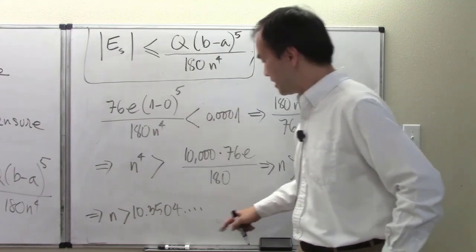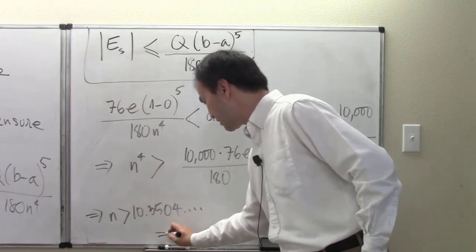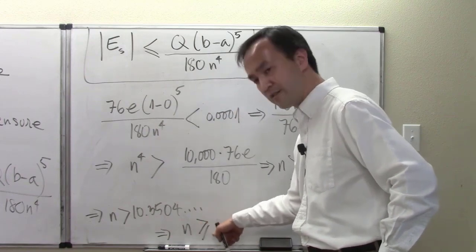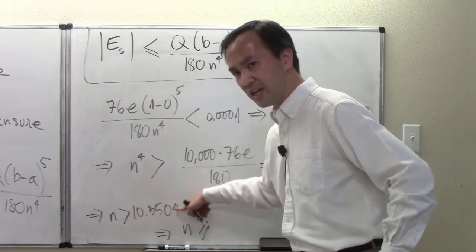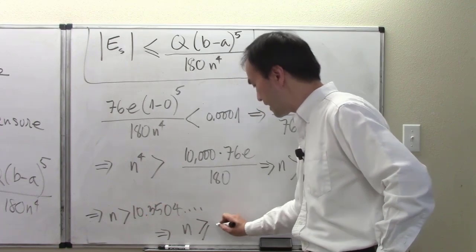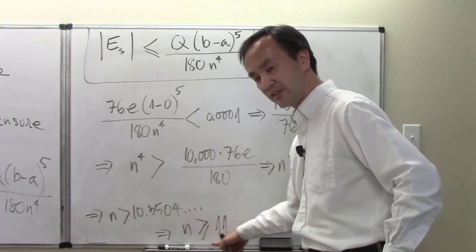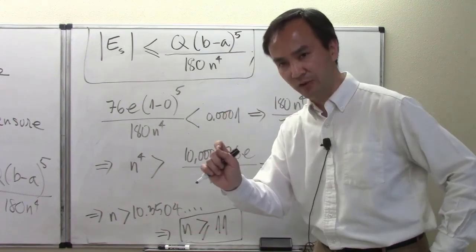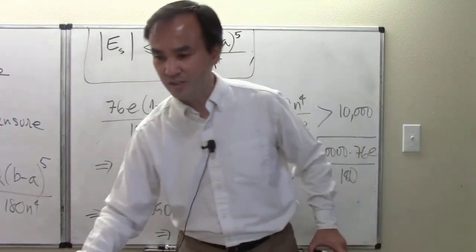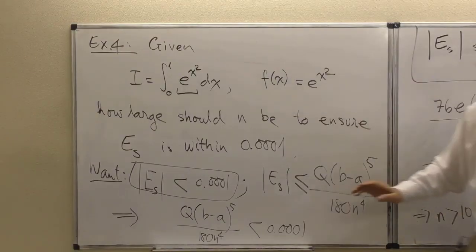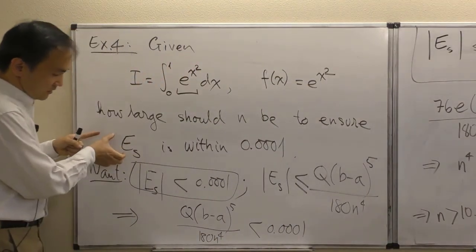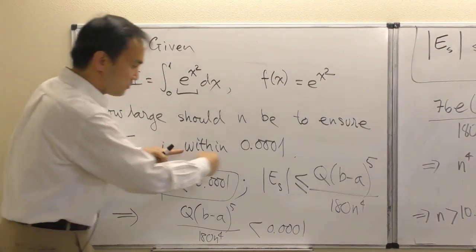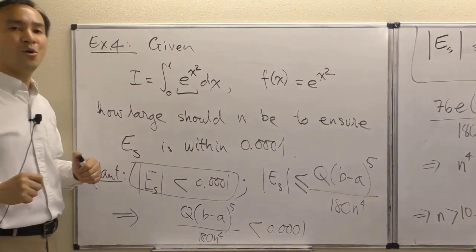So n must be at least, the nearest integer above 10 point something, 11. So we have to use 11 subintervals or more to ensure the error produced by Simpson's method is within 0.0001.